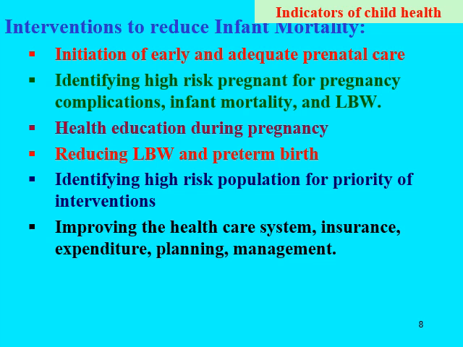Health education during pregnancy, reducing low birth weight and preterm birth, and identifying high-risk populations, such as the one we talked about, Deir Allah and other poor villages or areas. And improving the healthcare system, insurance, expenditure, planning, management, and so on.